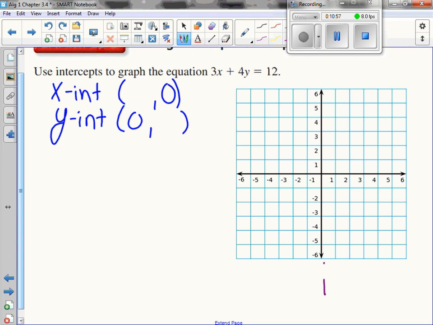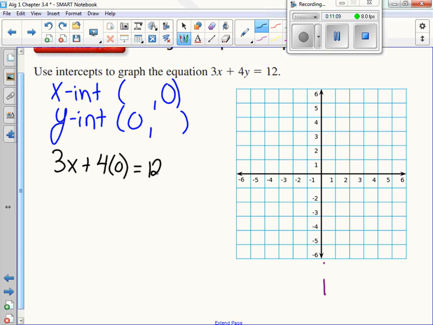So if I want to find the x-intercept, I want to find the value of x when y is 0, yes? I'm going to plug it in because we'd have 3x plus 4 times 0 equals 12. Because I'm going to plug 0 in for y to find the x-intercept. What is 4 times 0? 0. It's gone, yes? So I have 3x equals 12.